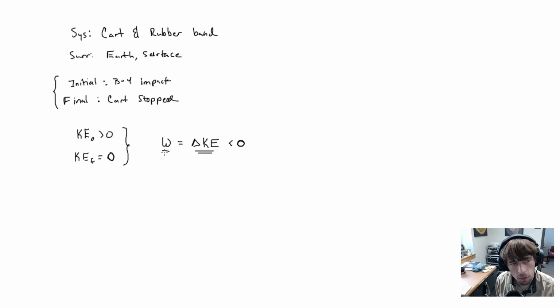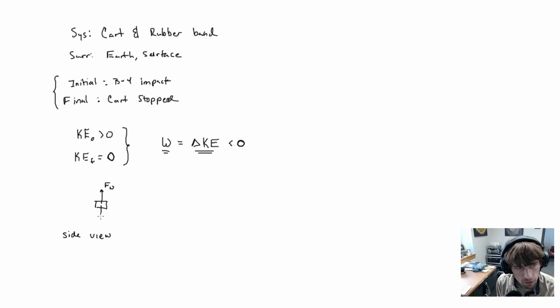Now let's take a look at the work. And from, let's see, I'll call this the side view. Side view. So it's as if we took our eye and put it level right on the table. Okay. And you have, let's say, here's your cart. You have the normal force acting up on the cart.